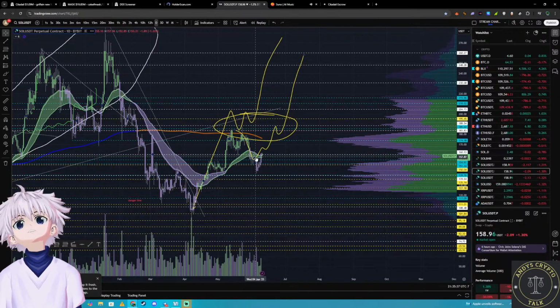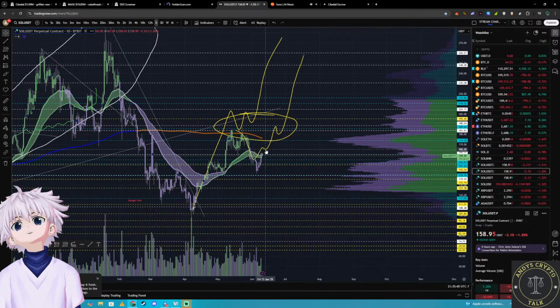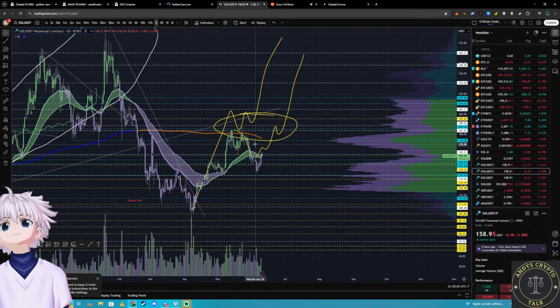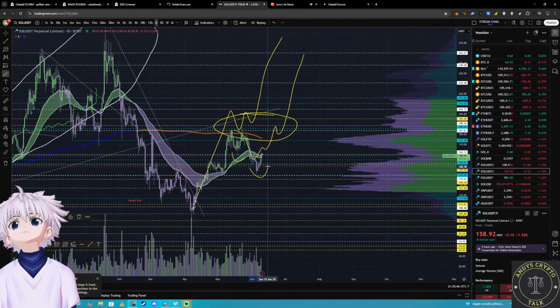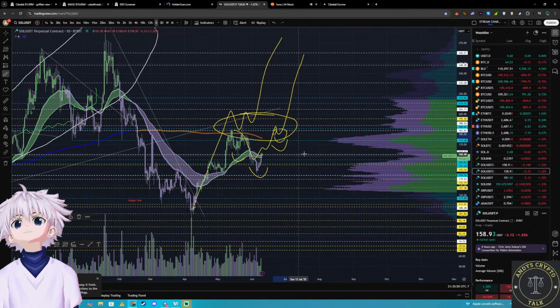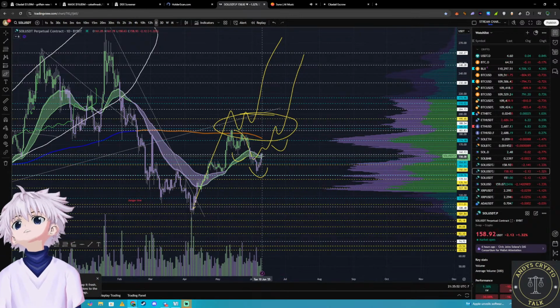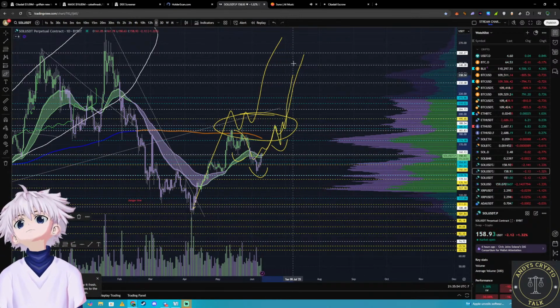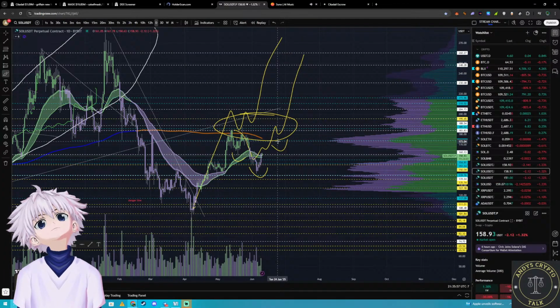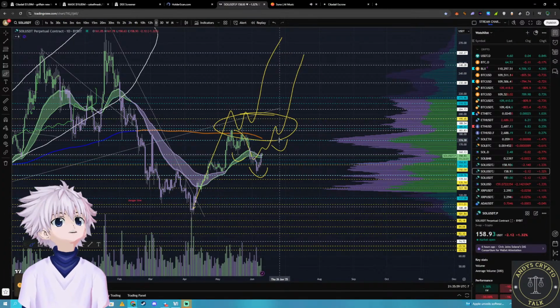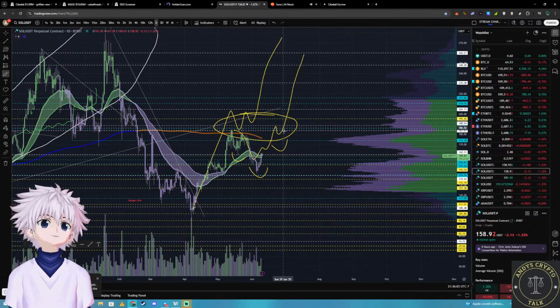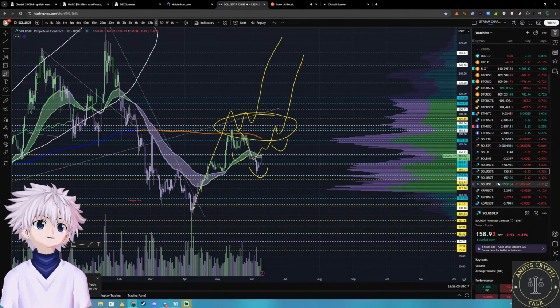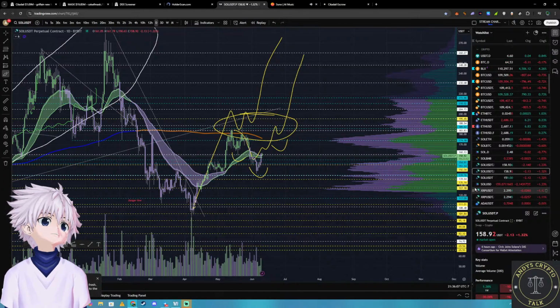We're breaking past this point of a head and shoulders, so I think at this point it's going to do more of an inverted head and shoulders to target this area here, right? So moving up and then another move after, potentially a dip into this zone. So yeah, Sol's looking really ripe as well, ready for a big move.